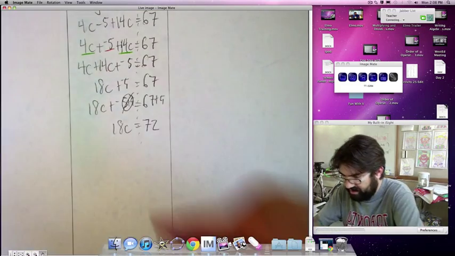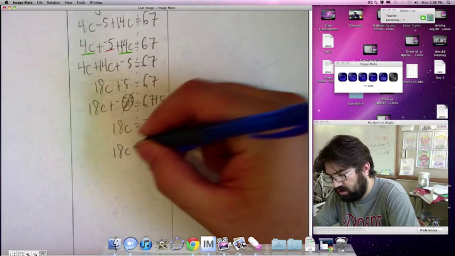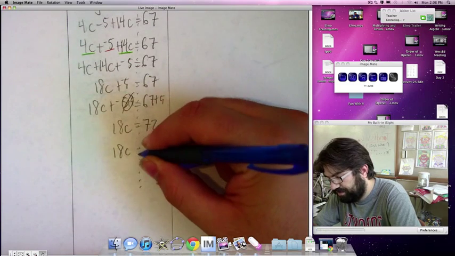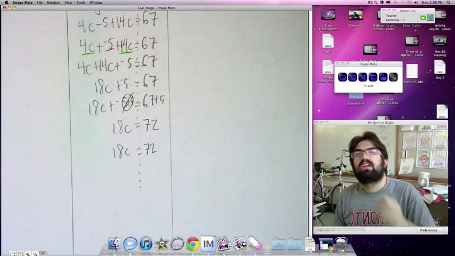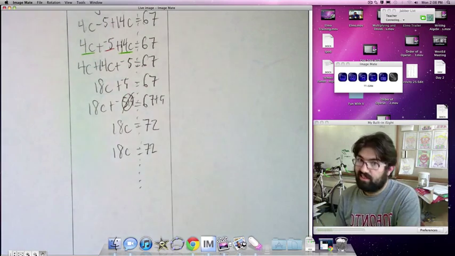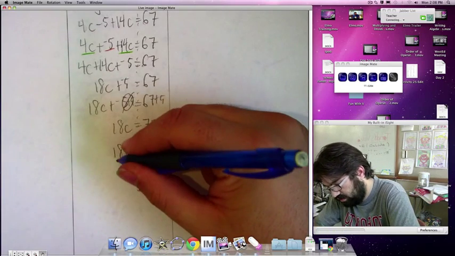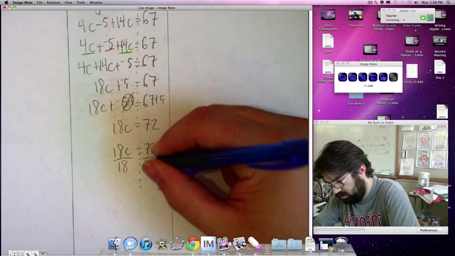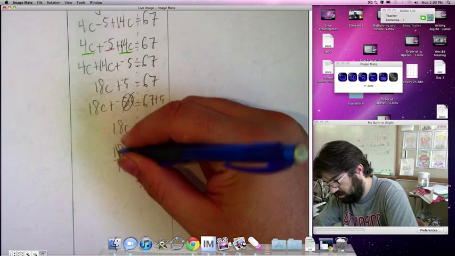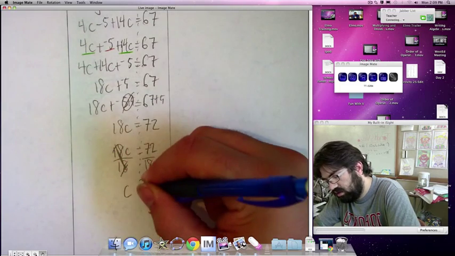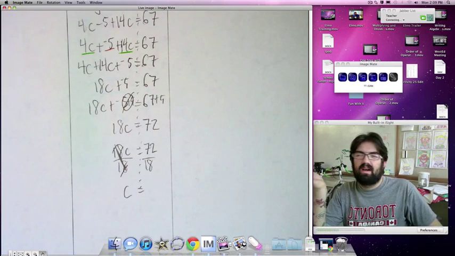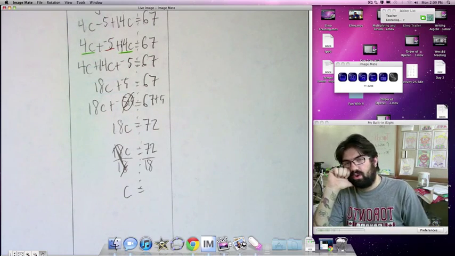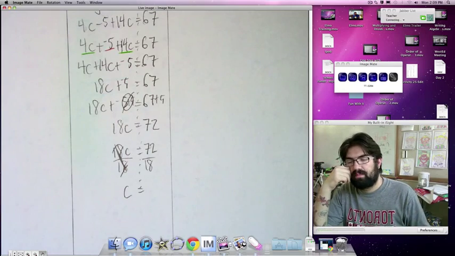I'm going to rewrite so I know where I was at. I know, lots of rewriting. See, inverse of multiplying is still dividing. 18. I don't have my times tables memorized for 18 and going up.